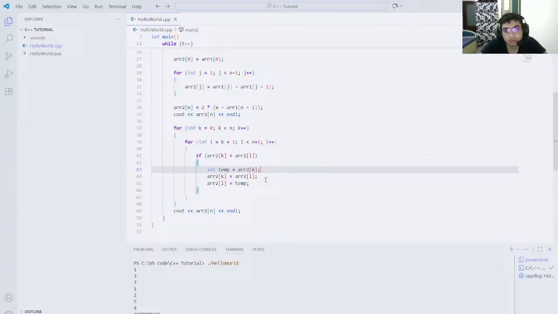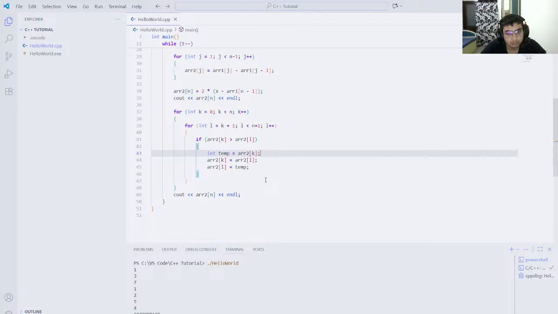So now we are taking temporary is equal to K. The larger value, which is before, we are taking that into K. And now we are inputting the smaller value before it. It is giving the same answer yet again.